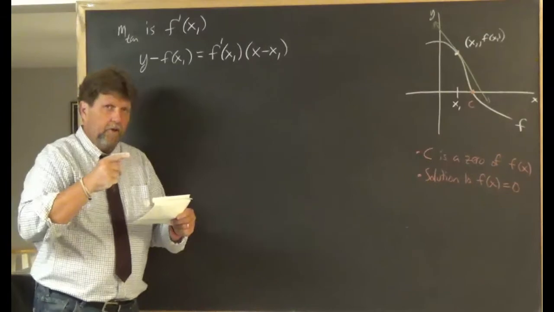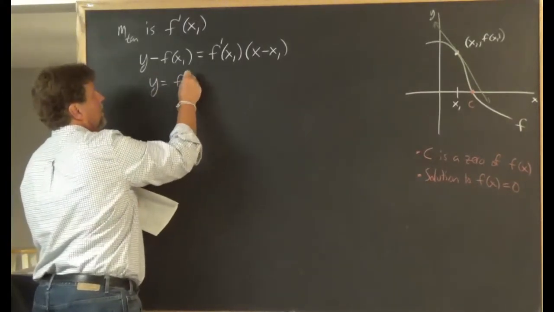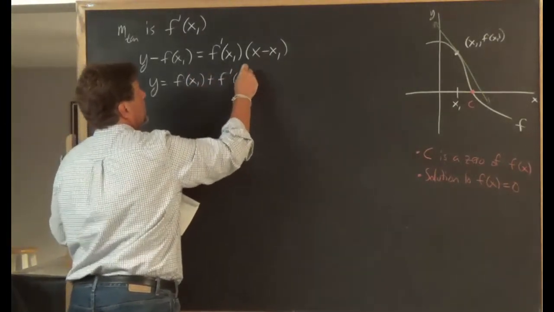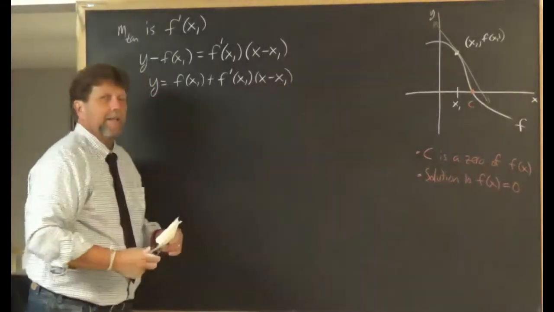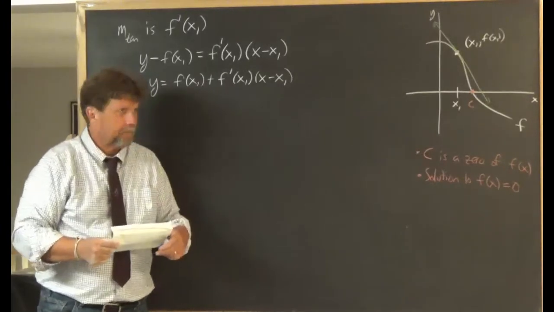Or I could write that in a familiar way. And when I say I could rewrite it in a familiar way, remember that's our linear approximation. But here's the deal.